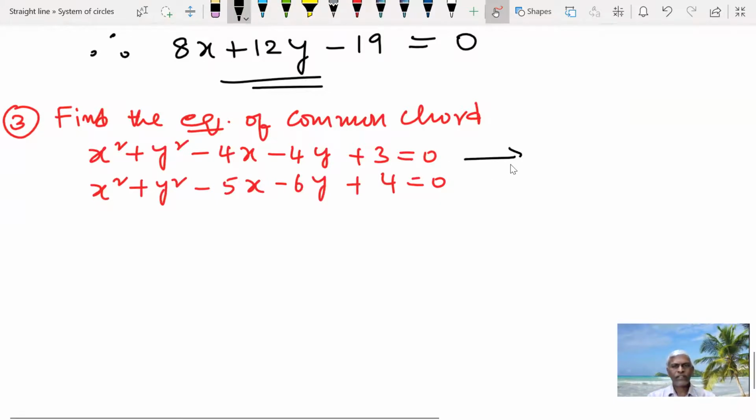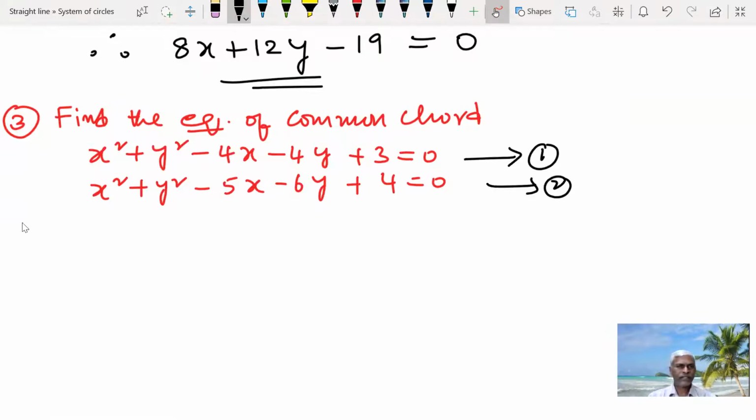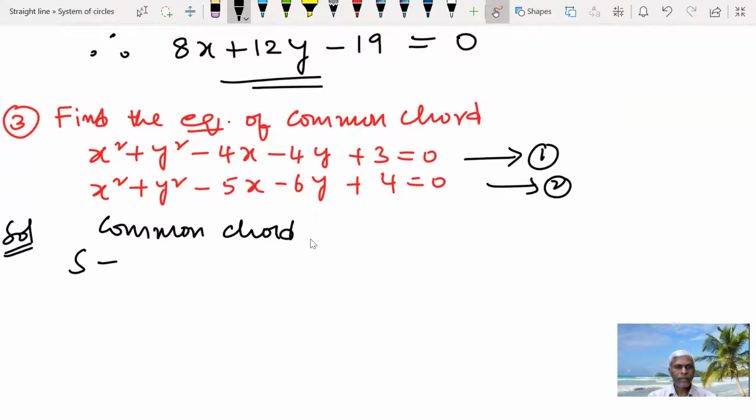So let this be the first equation and this the second equation. S minus S dash is the common chord.